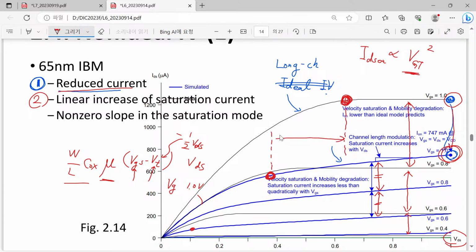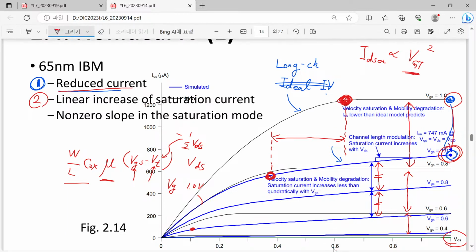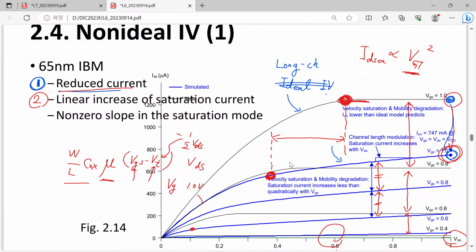If we just follow the behavior of a long channel MOSFET, then we must wait until about, for example, 0.6 volt to have eventual current saturation. This is nothing related with velocity saturation. But you know that here we have early saturation.